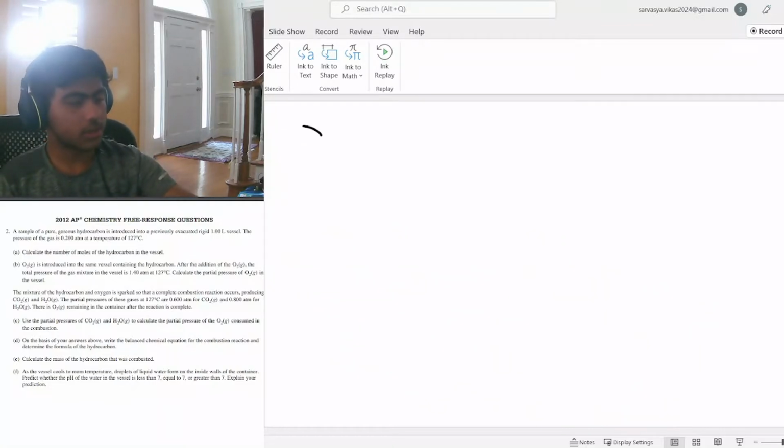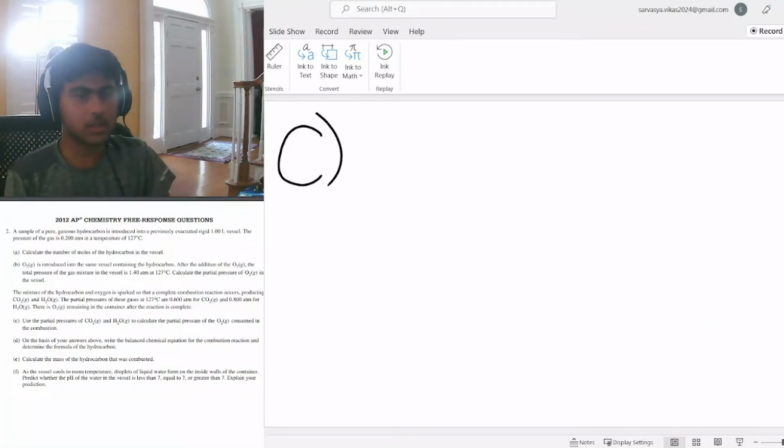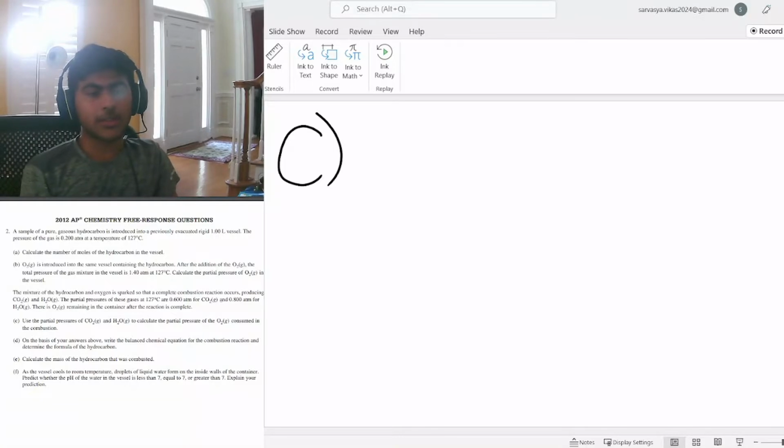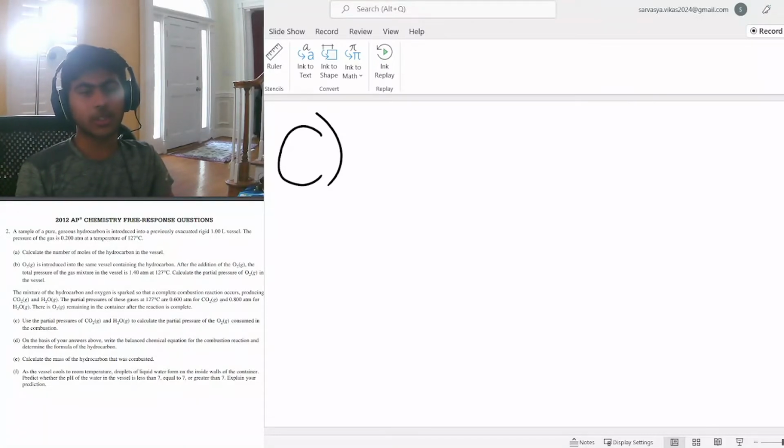Alright, part C says the mixture of the hydrocarbon and oxygen is sparked so that a complete combustion reaction occurs, producing carbon dioxide and water. The partial pressures of these gases at 127 degrees Celsius are 0.6 atmospheres for the carbon dioxide and 0.8 atmospheres for the water. There is oxygen gas remaining in the container after the reaction is complete.